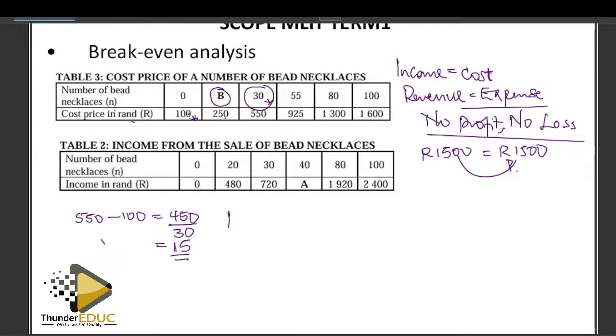So what does it mean? The value of B will equal 250 minus 100, divided by 15, which is 150 divided by 15, so B is 10.